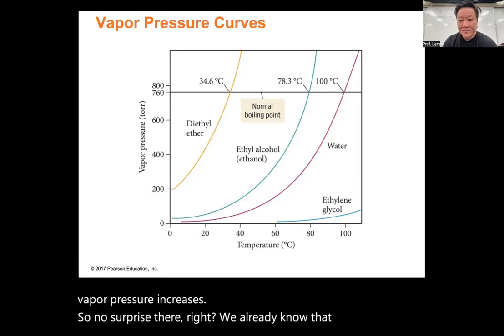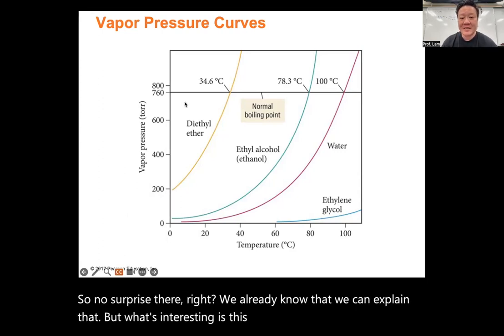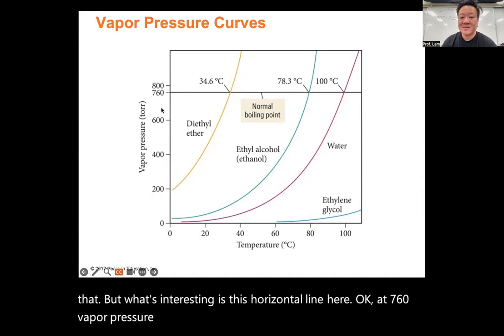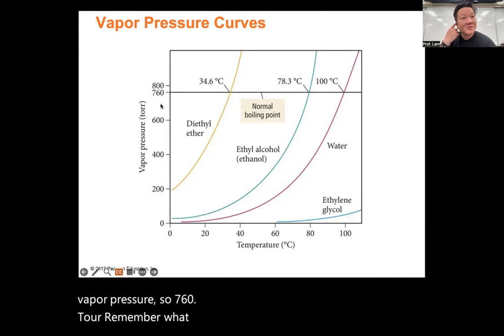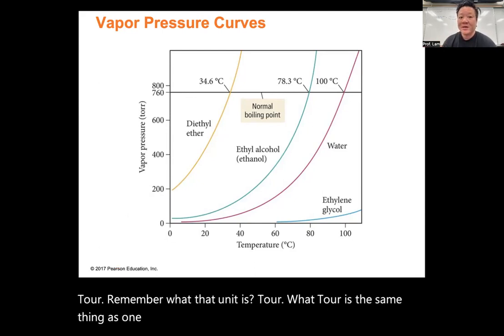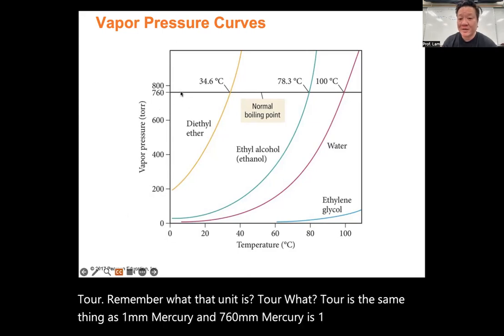We can explain that. But what's interesting is this horizontal line here at 760 torr. Remember what that unit is. 1 torr is the same thing as 1 millimeter mercury, and 760 millimeters mercury is 1 atmosphere, right?